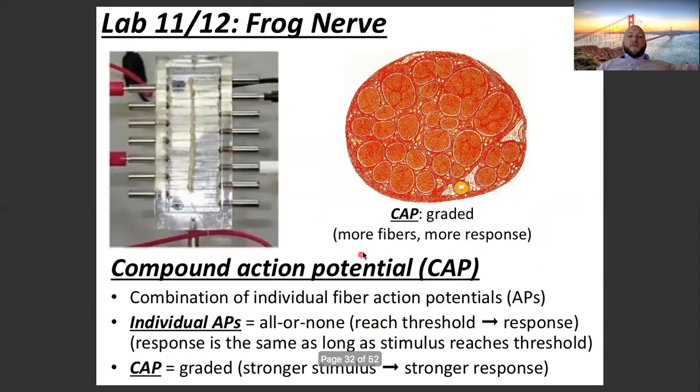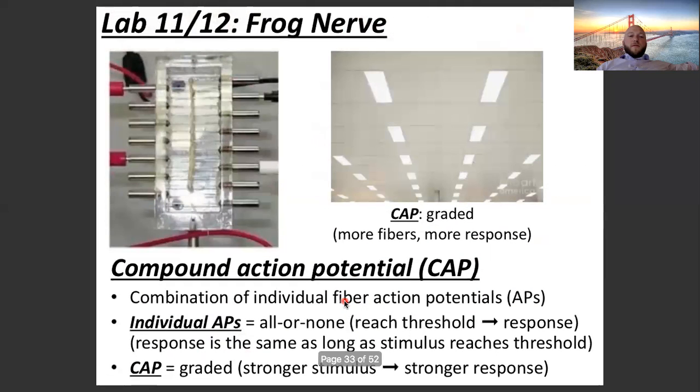Know the difference, be able to explain the difference between compound action potentials and individual fibers. So compound action potential, it's like having a varying number of lights on. Each light is an individual action potential. You can combine a bunch of action potentials to get a larger output.